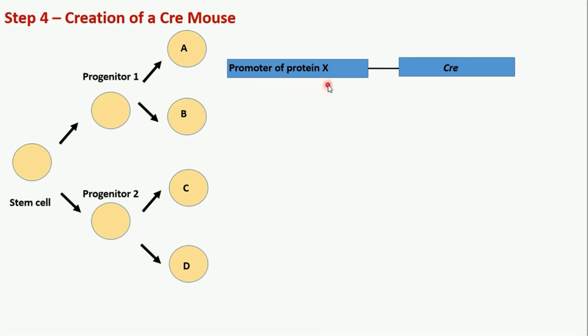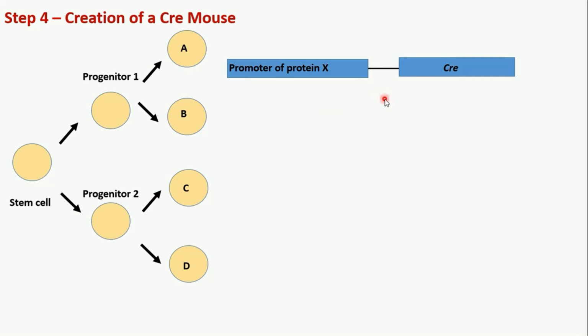X. So we are going to create a DNA sequence which has the promoter of protein X, and under the control of this promoter the coding sequence of Cre is present. So the Cre will be expressed in those cells which express protein X. It means the Cre will be expressed in the stem cell.